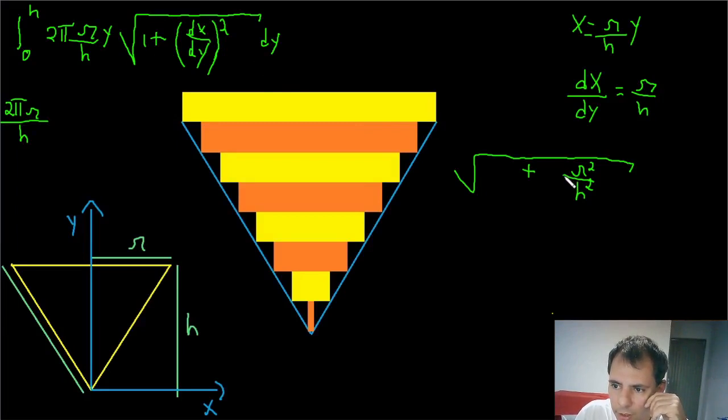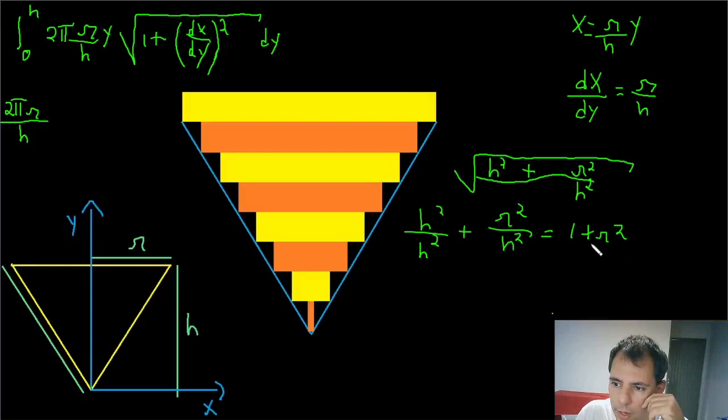I want to use this denominator. So I put h squared divided by h squared plus r squared divided by h squared, which is equal to 1 plus r squared divided by h squared. It's the same thing that you have over here.